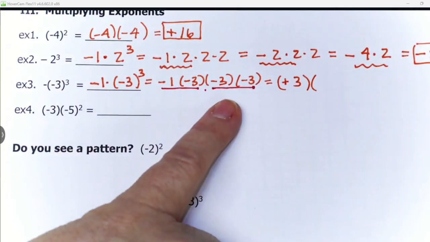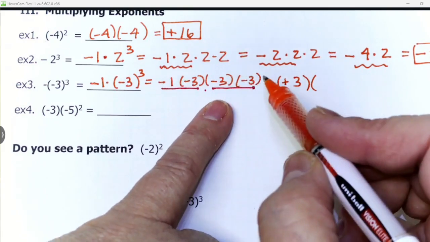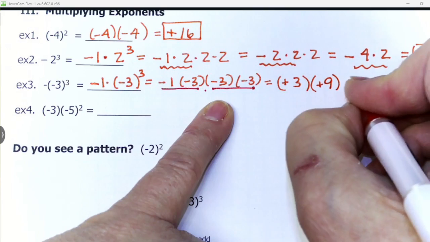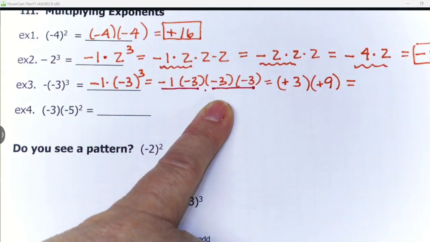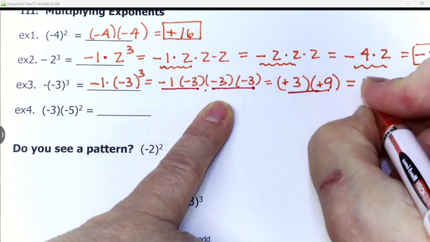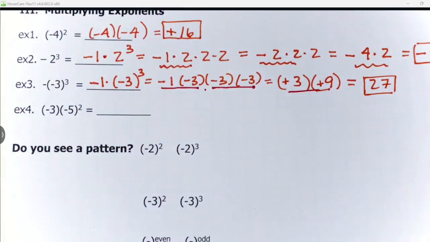And then multiply the second two. A negative times a negative is a positive, and 3 times 3 is 9. And then you multiply them together. 3 times 9 is 27. So you can multiply left to right or chunk if it's all just being multiplied.